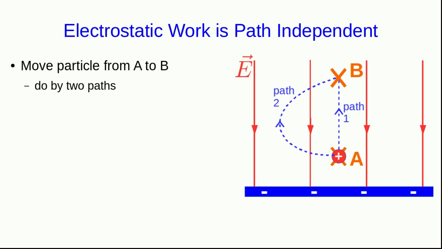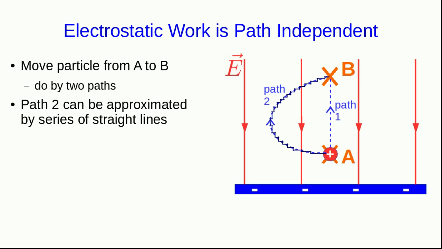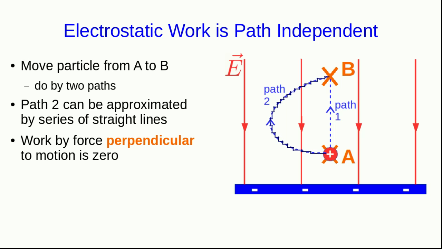What about path 2? Well, we can repeat an argument that I made back in Phys 1104. I can break path 2 up into a series of straight lines to at least approximate it. Now, we know that the work done by a force is 0 if the force is perpendicular to the motion.